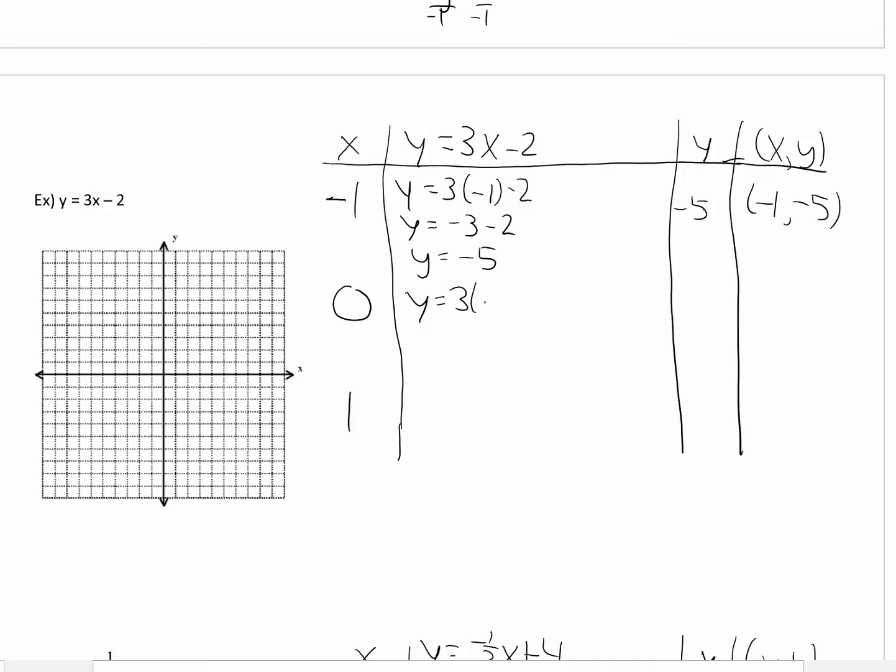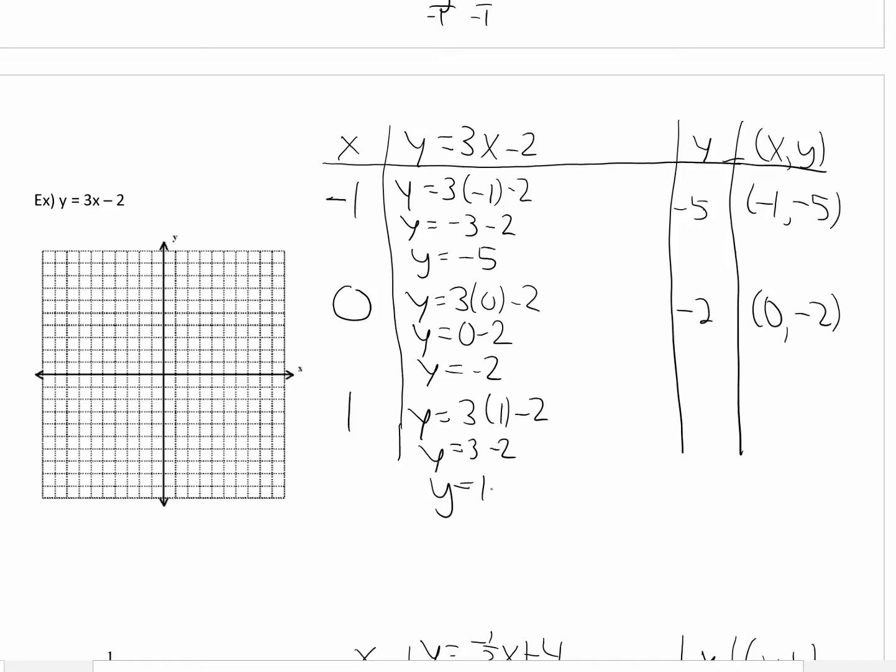Plug in 0. Now plug in 1. Okay, so now I'm going to plot these 3 points on the coordinate plane.